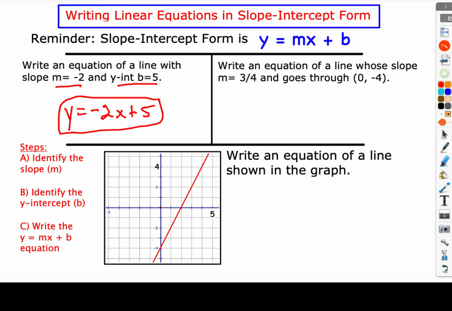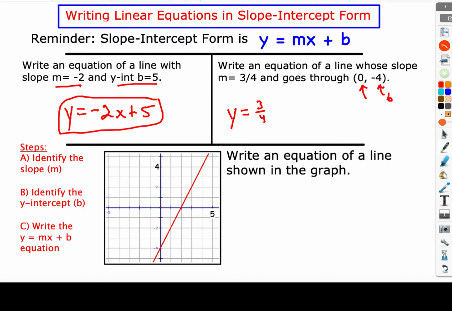Now, they won't always word it that way. They won't always literally say it's the y-intercept. Notice over here at the right, write an equation of a line whose slope is m equals 3/4, so they're handing us the slope, and goes through the point 0, -4. Remember what we said on the first screen. If x equals 0, that makes this my y-intercept, which means I can say y equals the slope, 3/4, x plus -4.